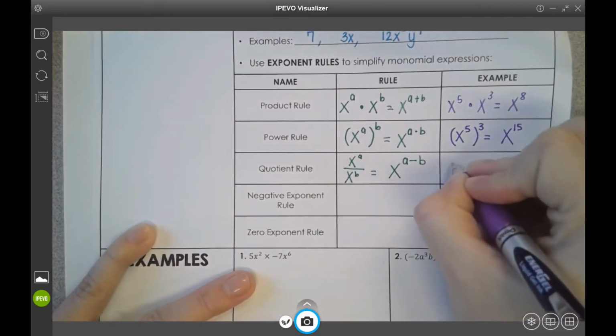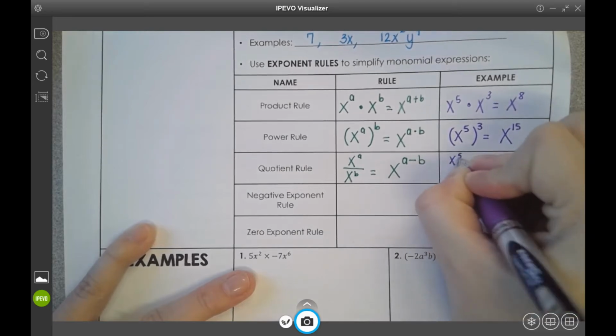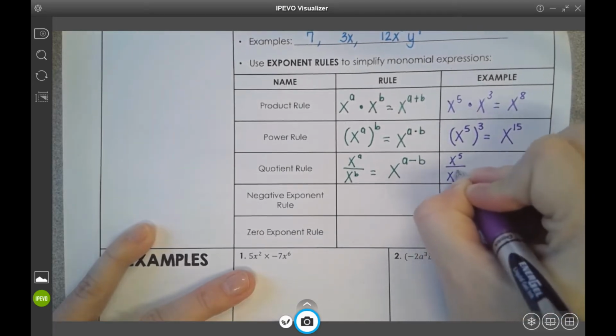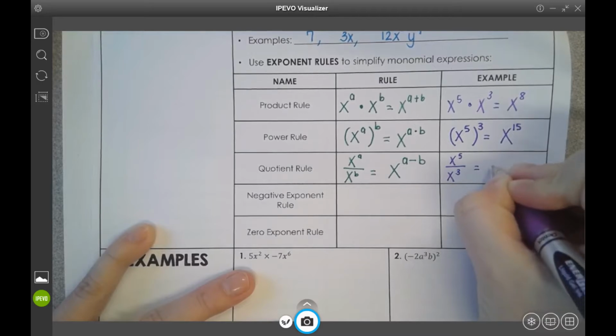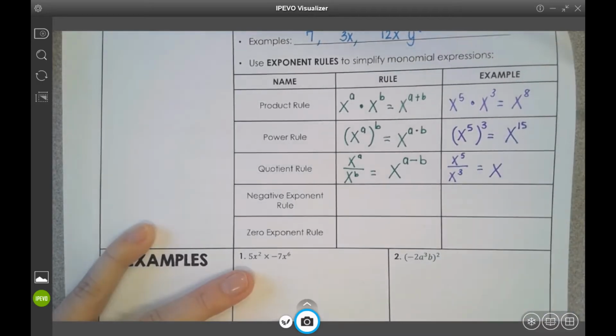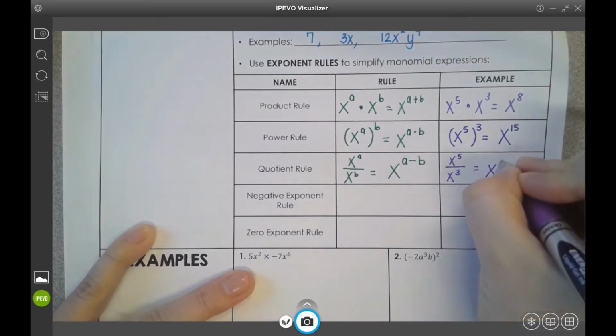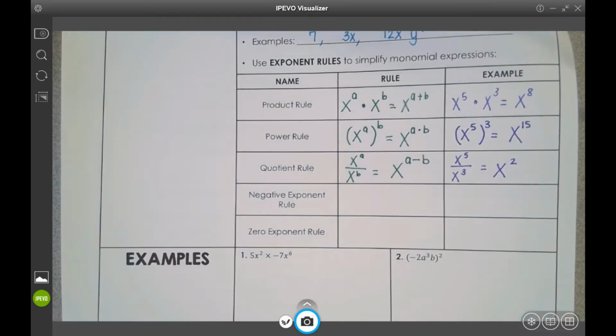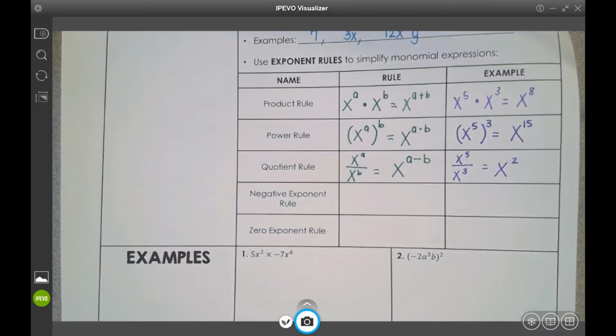So if I do x to the 5th divided by x to the 3rd, that is x squared, because 5 minus 3 is 2.